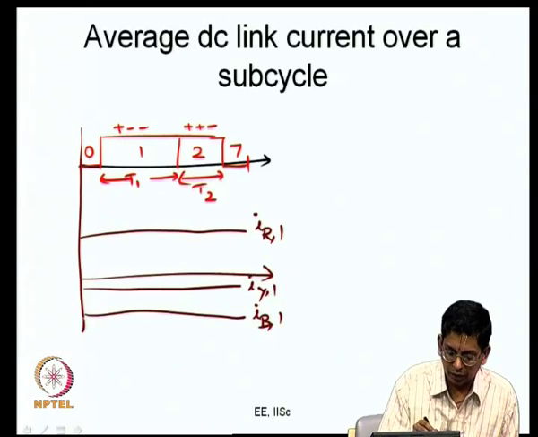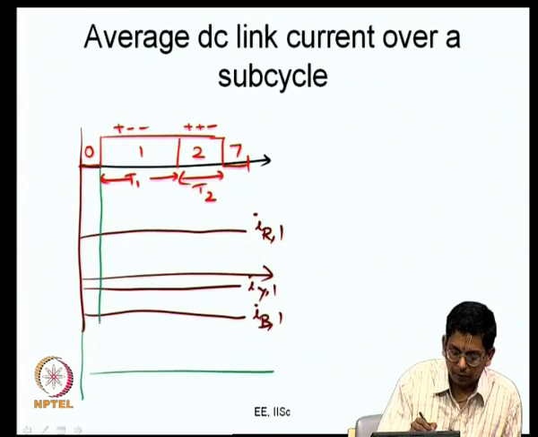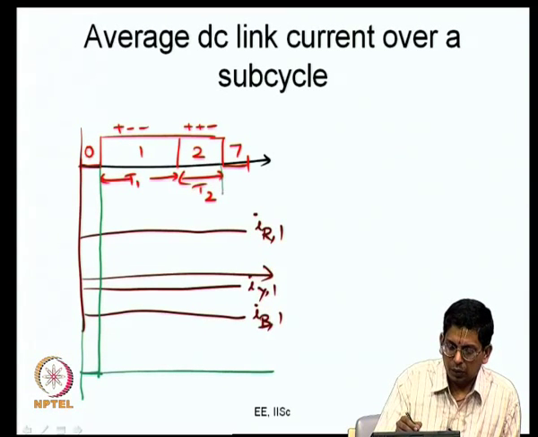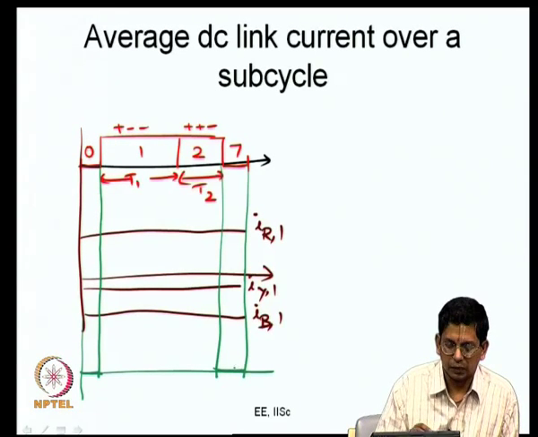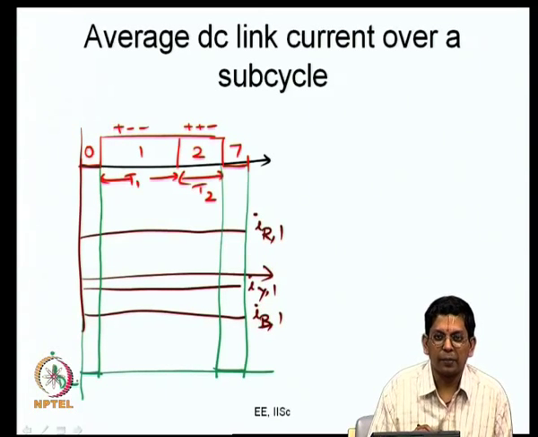Let me use a different color. During this interval, the DC link current is 0. During the last interval also, the DC link current is 0. This is IDC. Why? Because 0 states are being applied.